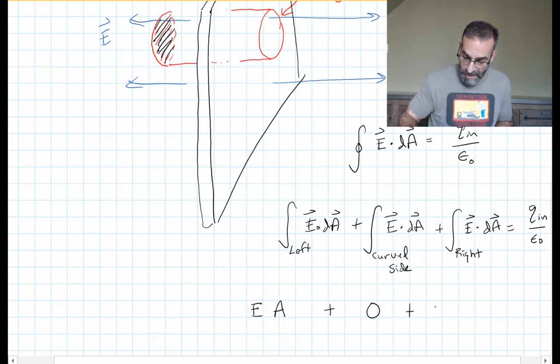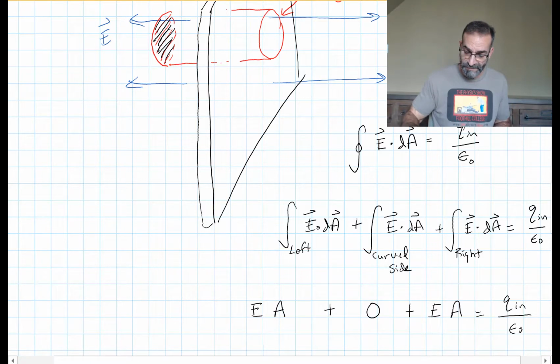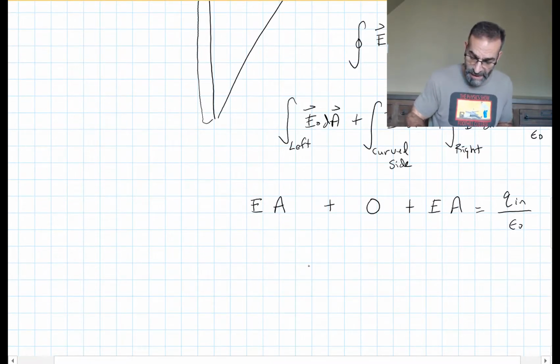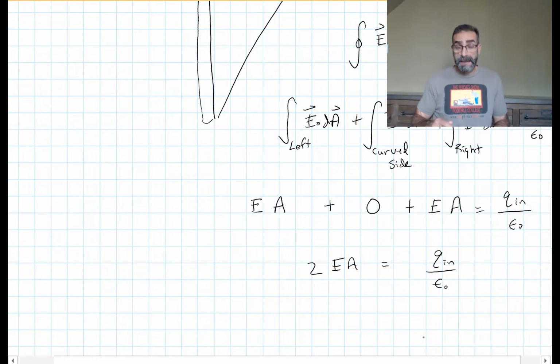And the right face also gives us E times A. And that's equal to Q in over epsilon naught. So just like last time, we're getting similar results as for the insulating sheet.